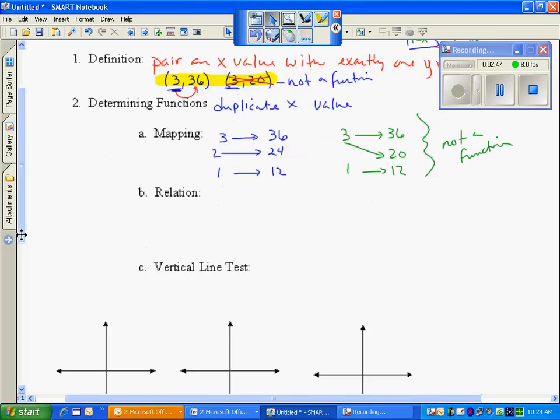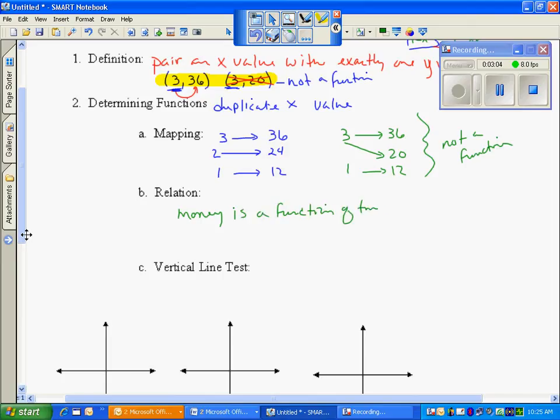So what we like to do is look at this relationship. And the relationship would be, in this case, money is a function of time.